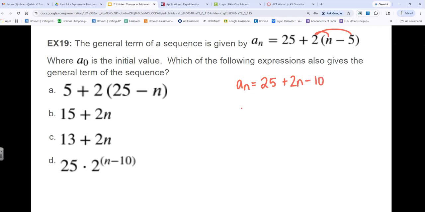And then combine your like terms. So they write the number first: 25 and -10 is going to give you 15 plus 2n, which is going to be b. So you're just simplifying to see which one matches there.